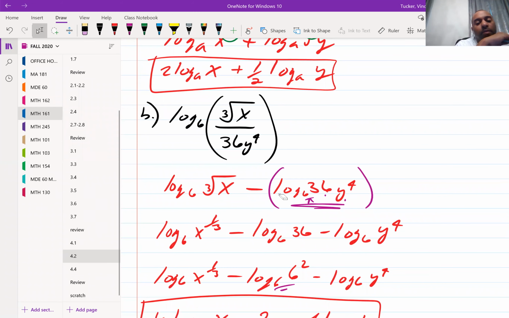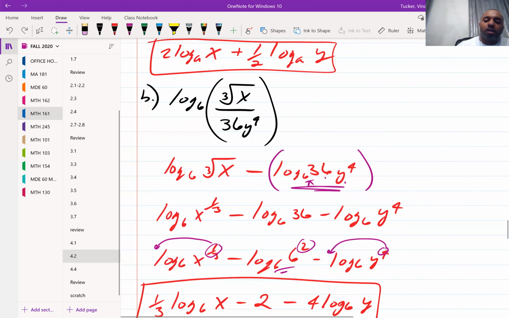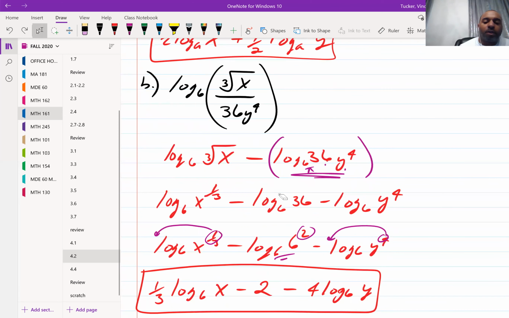Next, I rewrite everything with an exponent. So I had already written the cube root of x as x to the 1/3, but 36 is 6 squared, and the reason why that matters is because our base is 6, so it's going to help us out. And then y to the 4th was already written as y to the 4th, so bring your exponents down front for log base 6 of x to the 1/3 and log base 6 of y to the 4th.